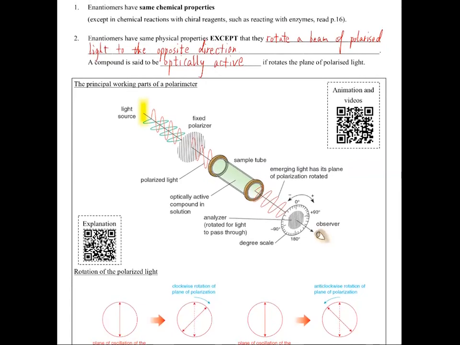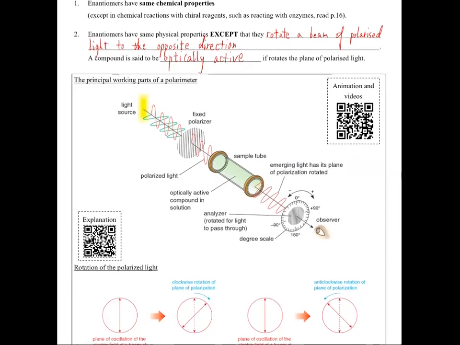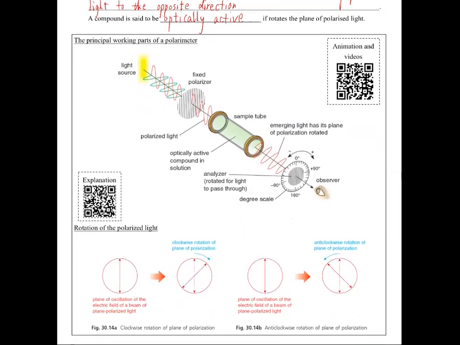And for IFY, you don't need to bother what it means for a beam of polarized light, and the principle of this is not assessed. Also whether it will rotate clockwise or anti-clockwise, you don't need to worry about that. But you need to know that they can rotate it.